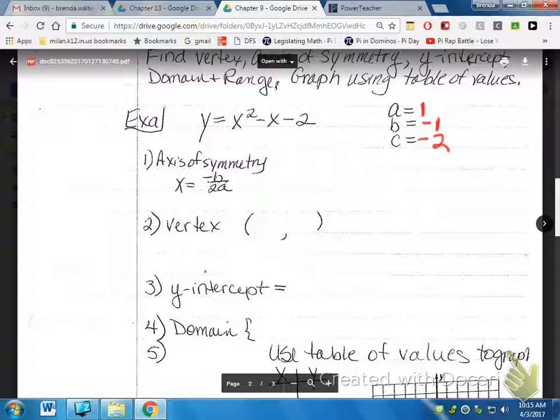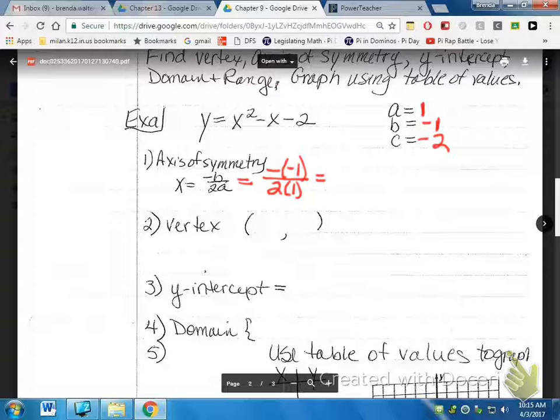Okay, so we need to do the axis of symmetry, and it shows us right here, x equals -b over 2a. This one's going to be great. So -b means -1, doesn't it? -1 over 2 times 1.